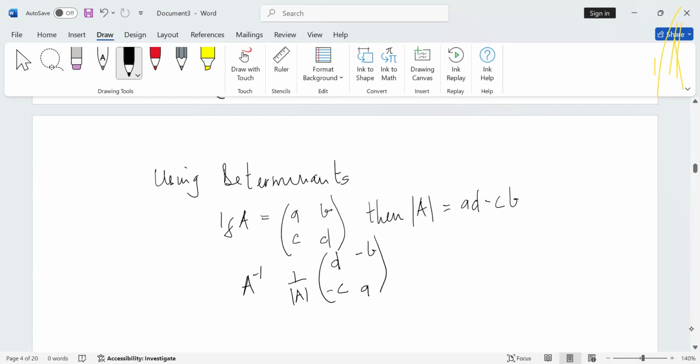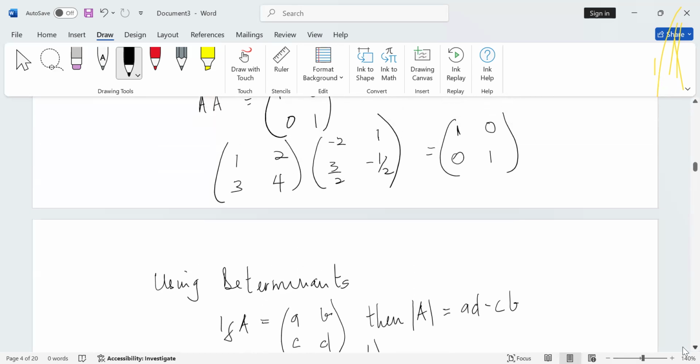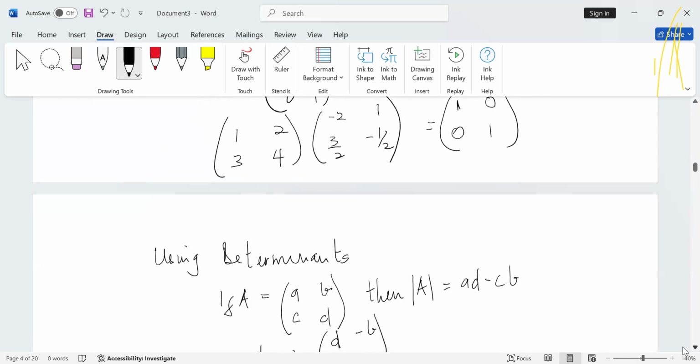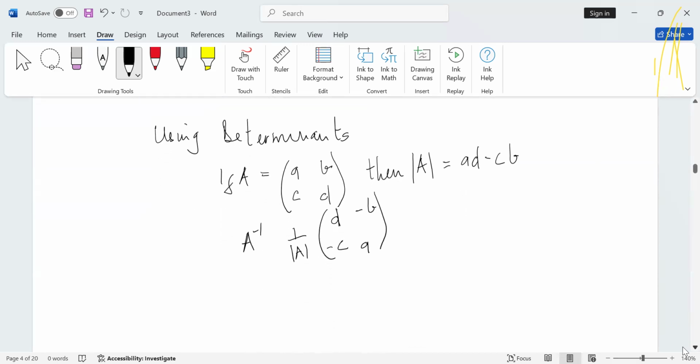So for our matrix A, we just do that. Yeah, for the 2 by 2 matrix, it's very easy. But when it comes to 3 by 3, it's not easy to use the determinant. So that is why we go to row reduction.